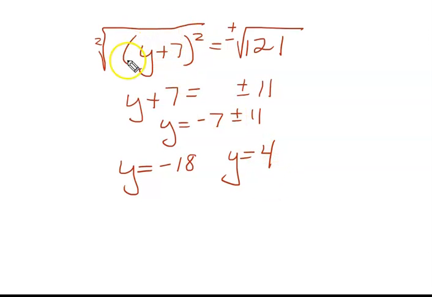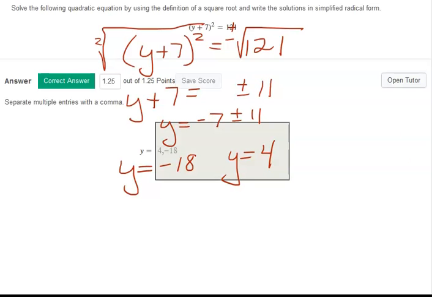So when you have a binomial that's squared, using the square root property is a good way, and that's what they're actually looking for in this example. All right, let's go back, and there are the answers, 4 and negative 18.